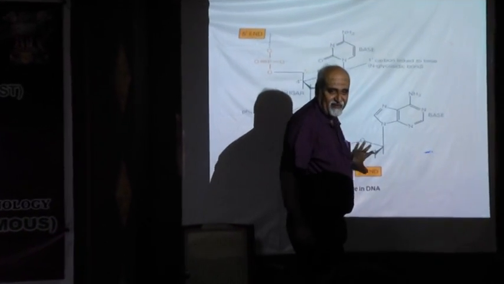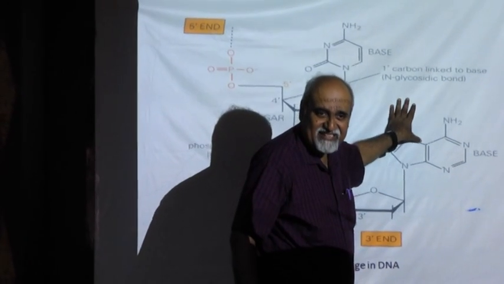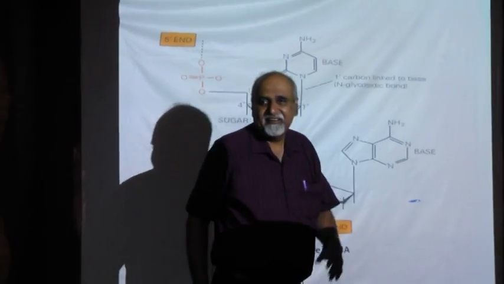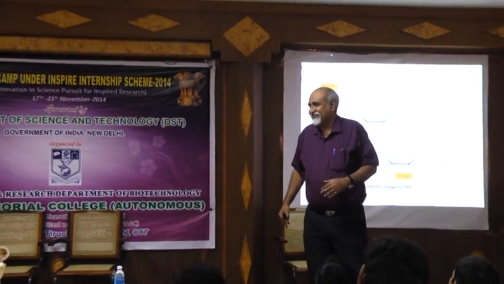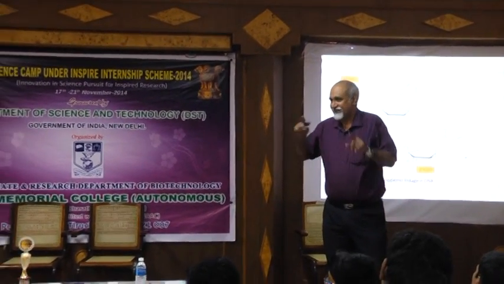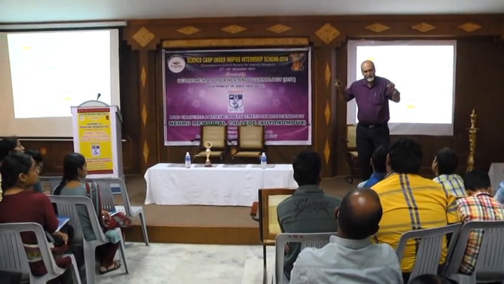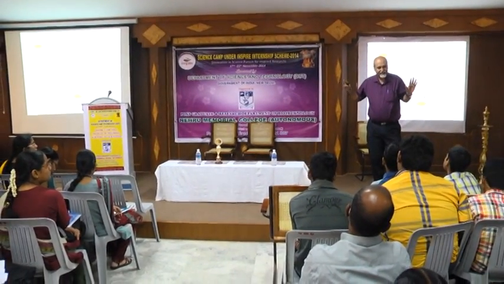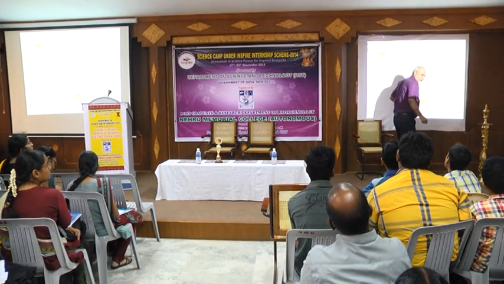All others are the same. In our DNA, the bases are different. So how many such monomers? For example, CH single bond CH repeated N times, that is 100,000. This goes on repeating, right?